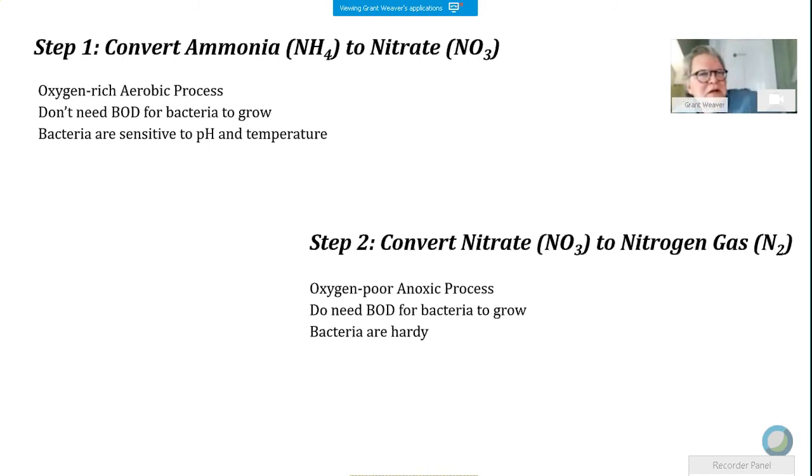The textbooks tell you how sensitive ammonia-removing bacteria are to pH and temperature, but I'll tell you, treatment plants a lot further north than Tennessee are getting year-round ammonia removal. So they're doing fine in cooler weather. The problem is if you lose ammonia removal this time of year, it's very hard to get it back until the water starts warming up.